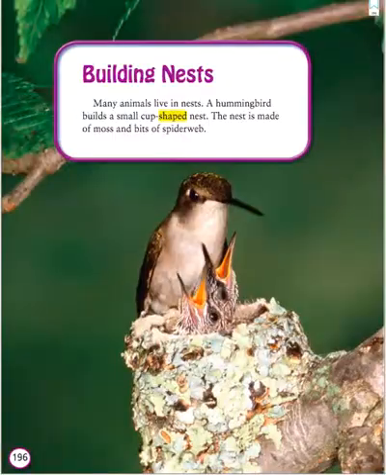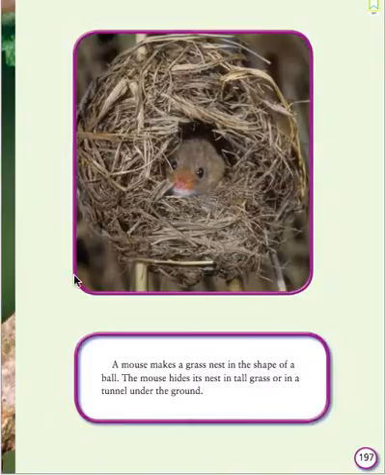That is because it is still going to be talking about building nests. A mouse makes a grass nest in the shape of a ball. The mouse hides its nest in tall grass or in a tunnel under the ground. So first we learned about birds that build a nest, and then also a mouse that builds a nest, both under the same heading.